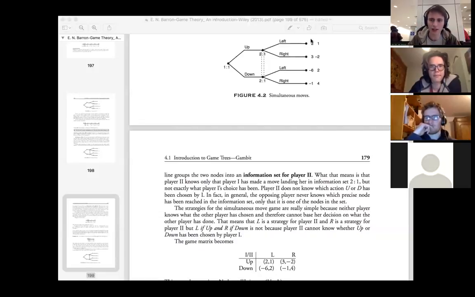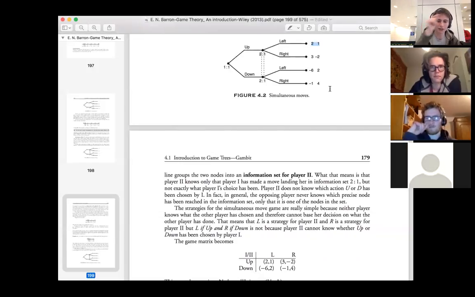Which is the kind of game that we've been studying for a while. And so in this case, what Martin was talking about for the last game doesn't quite apply, and now it's just straight up 2-1, 3-2, -2, -6-2, -1-4, right? And so you can see right here corresponds. Does that make sense? Yeah, absolutely.